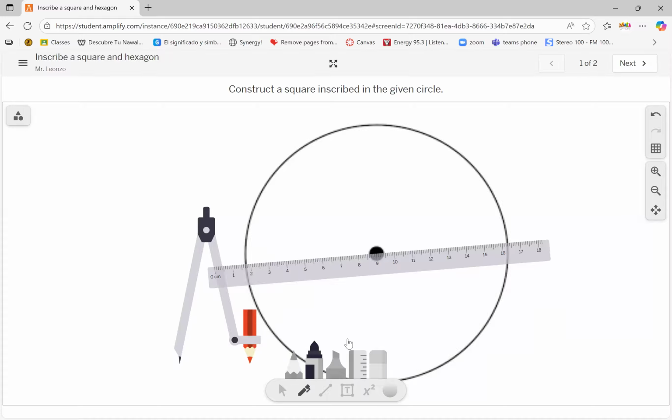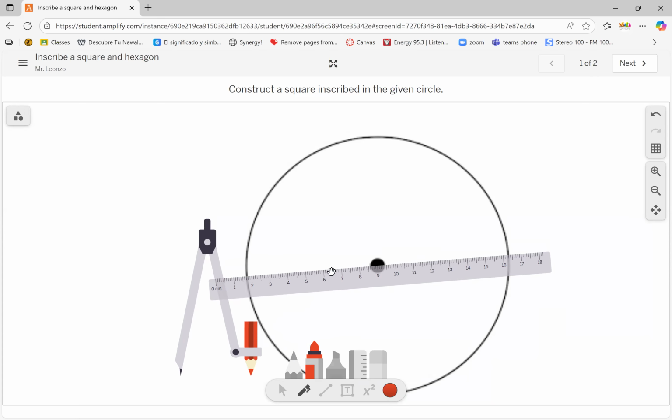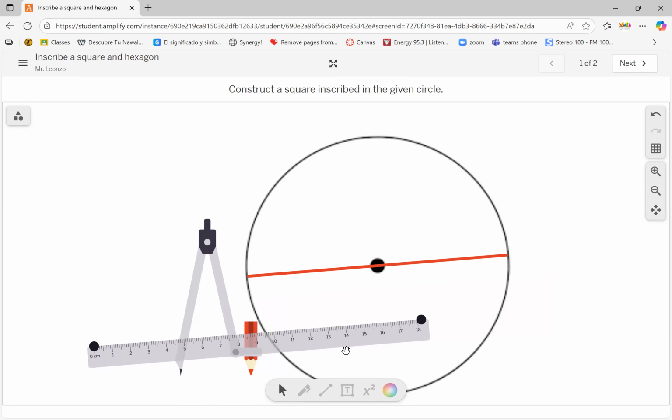Let's change this to red. So just a diameter, any diameter, anywhere. Oops, I drew a point there. Let me erase the one point there. And there. Okay, so I just drew a diameter.